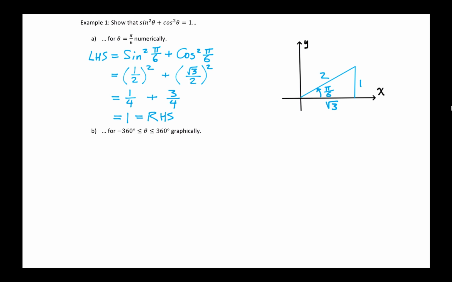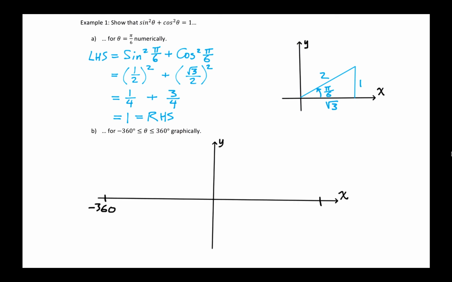And now if you wanted to prove that this identity holds on a whole domain of theta values, so for instance, for theta going from negative 360 to positive 360 degrees, or negative 2 pi to positive 2 pi, we could graph this. And if you put that into something like Desmos, then you would find that when you add them together, you get 1 for all of these theta values.